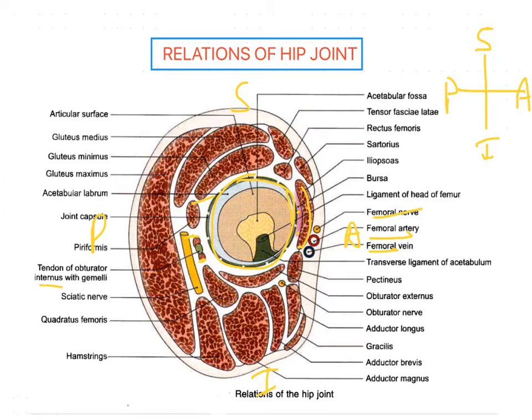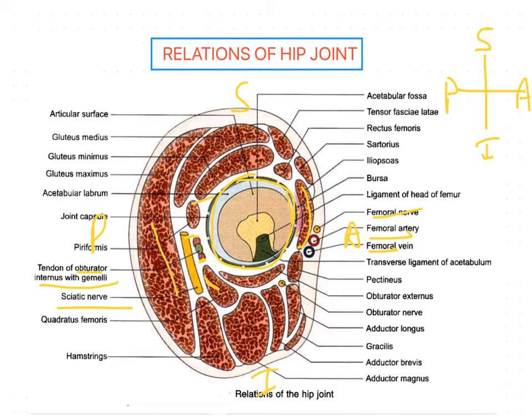In between you'll have the tendon of obturator internus, and also the quadratus femoris. And this quadratus femoris is covering the tendon of obturator externus. Posteriorly it is also related to another nerve called the sciatic nerve, and also the gluteus maximus muscle.